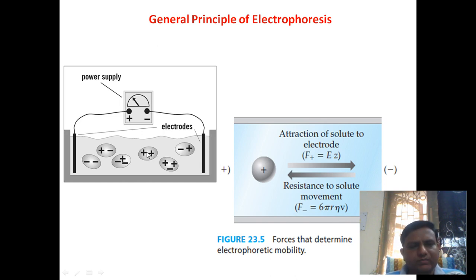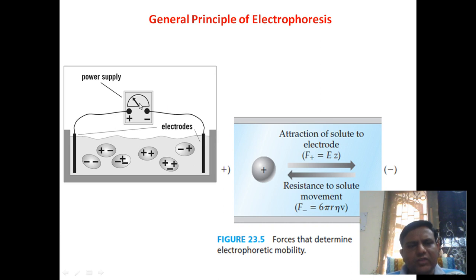So inside the buffer reservoir, all the charge-bearing molecules start to migrate toward the oppositely charged electrode when we apply the electric field. You can observe in this diagrammatic representation, there is an electrode, the positive electrode, and this one is the negative electrode.